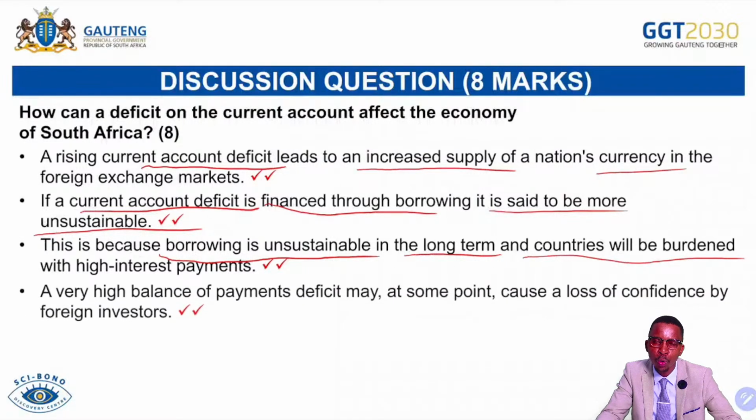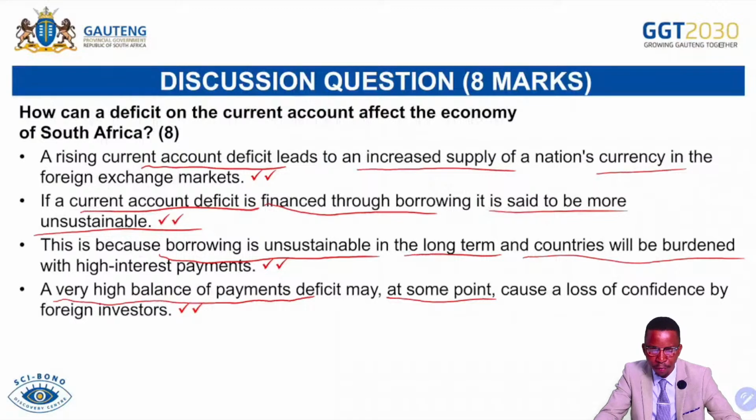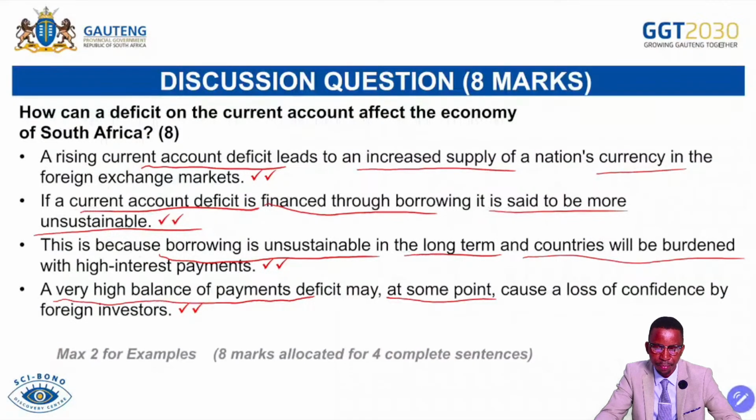If ever we borrow to finance our exports, as interest rates increase, we have to pay more, and there will be more burden on the country. As our currency depreciates, loan repayments will also be increasing, which will be a burden to the country. A very high balance of payments deficit may at some point cause a loss of confidence by foreign investors.